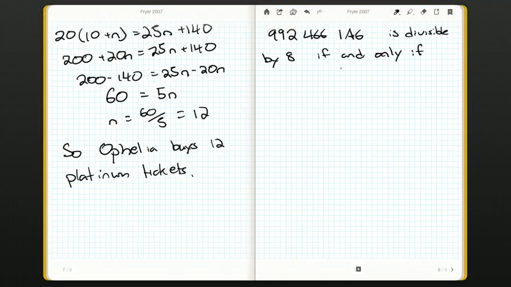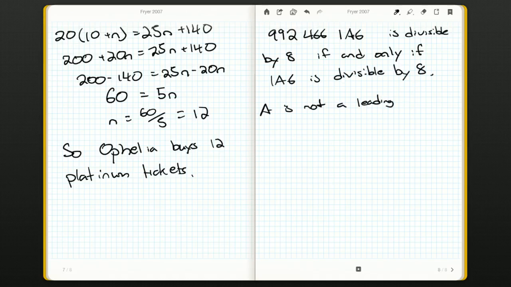The divisibility rule says that it doesn't matter about this 992, all that nonsense, we just need to look at 1A6. So A can be anything between 0 and 9.